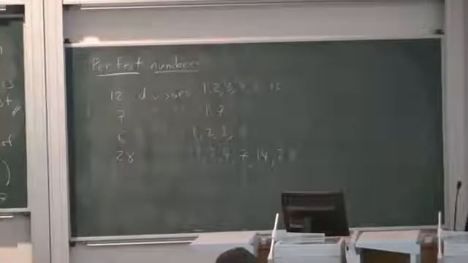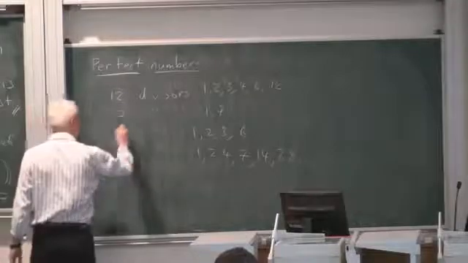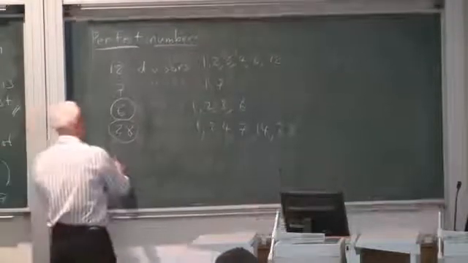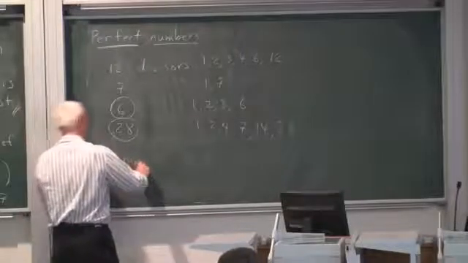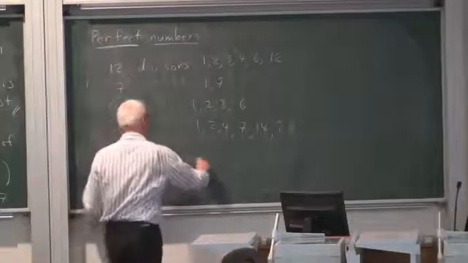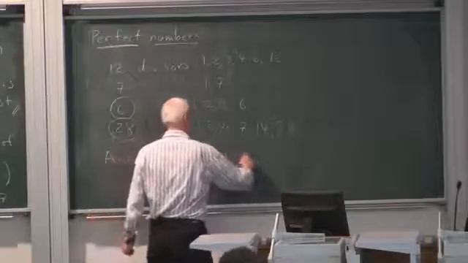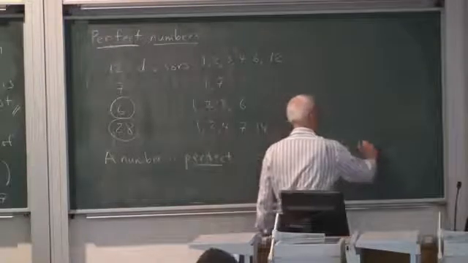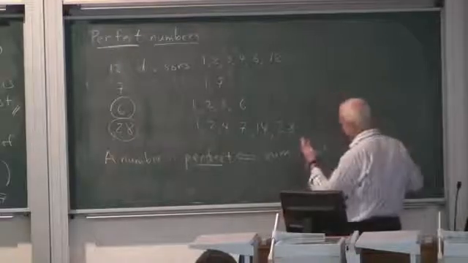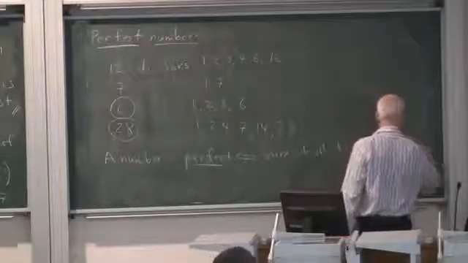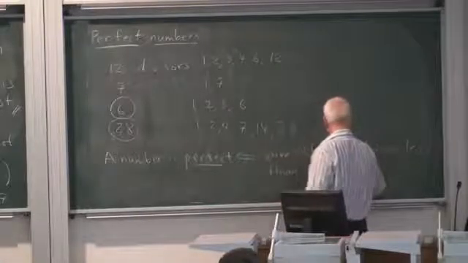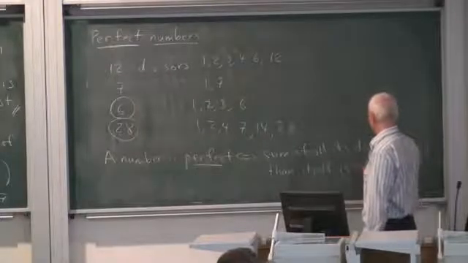Now there's something special about 6 and 28. They are perfect numbers, according to the ancient Greeks. Why? A number is perfect if the sum of all its divisors less than itself is the number itself.